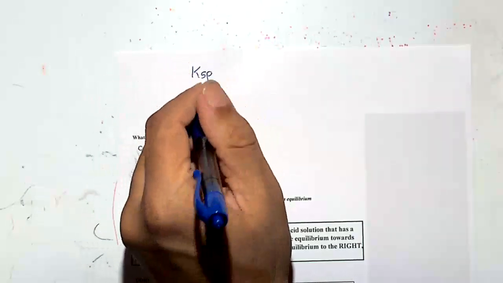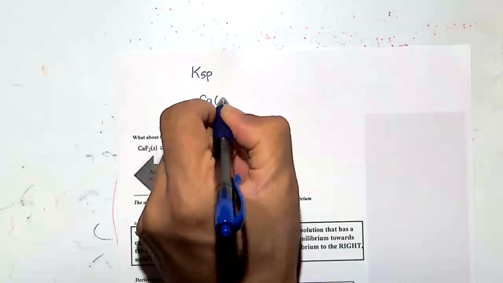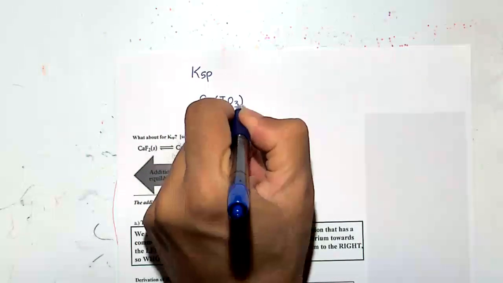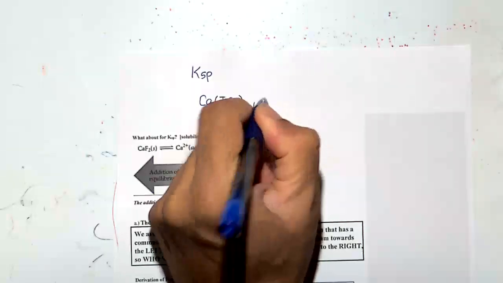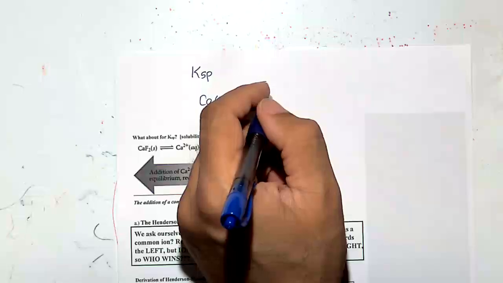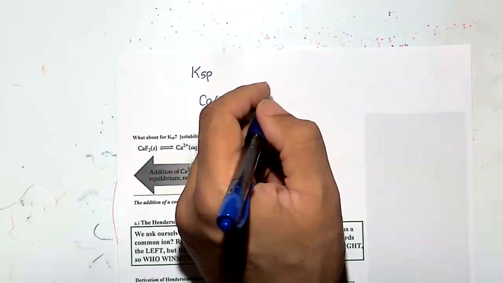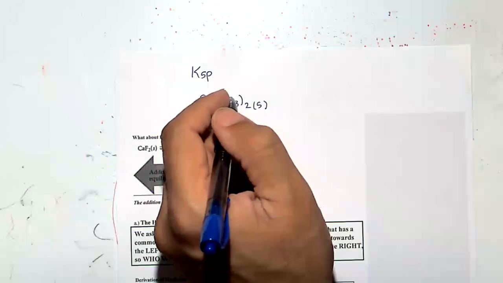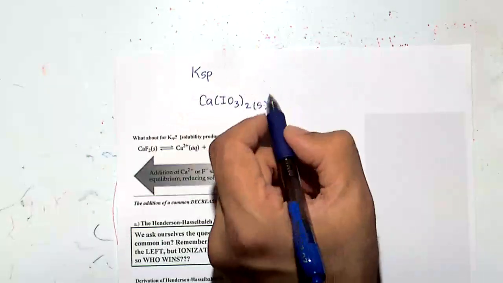Solubility product constant. So what you did in the lab last week, which I'm going over now formally in our lecture, you had calcium iodate, which is a solid. Remember, you took that solid, you split it into 3 parts. One part in case you mess up. The other part you put in 80 mils water. The other part you put in 40 mils water.